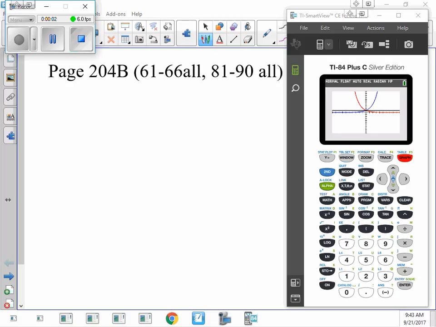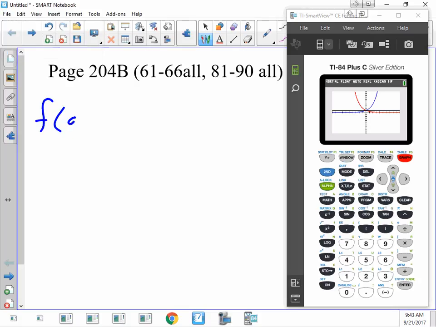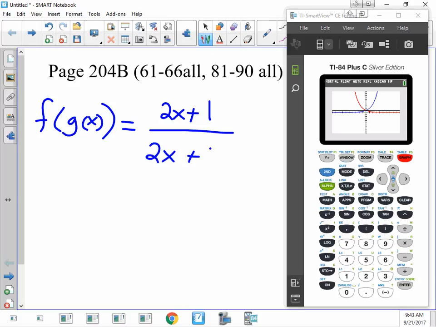So today we'll work on 204B, and the first set, 61 to 66. There are actually a lot of right answers, but it looks something like this. It will say f of g of x is equal to, let's say, 2x plus 1 over 2x plus 5.